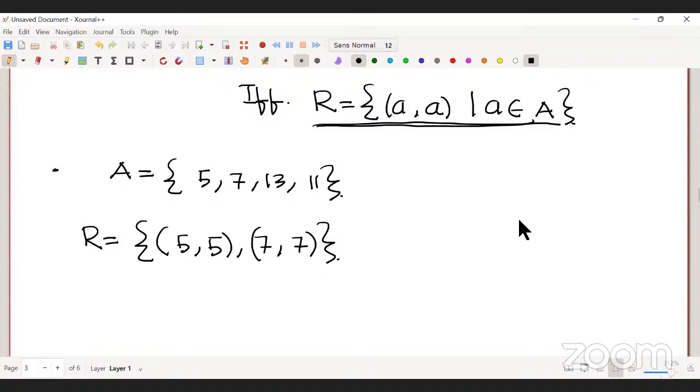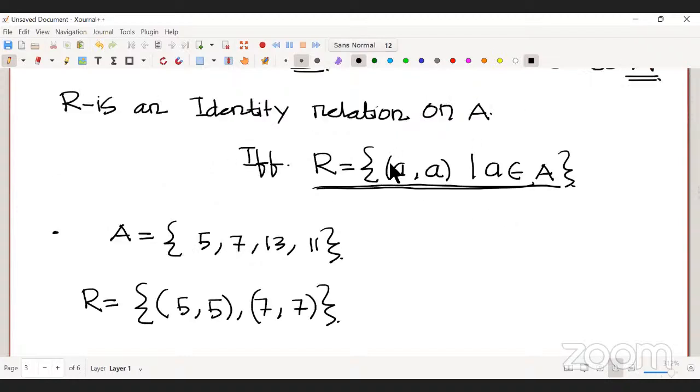Yes, sir. Why? I think no, sir. No, because the other elements 13 and 11 are not in the relation. Correct. So, as you can see, R is not an identity relation.